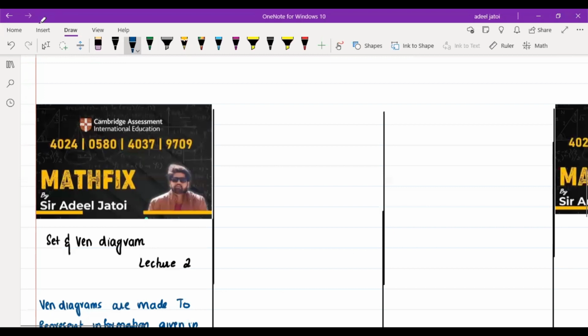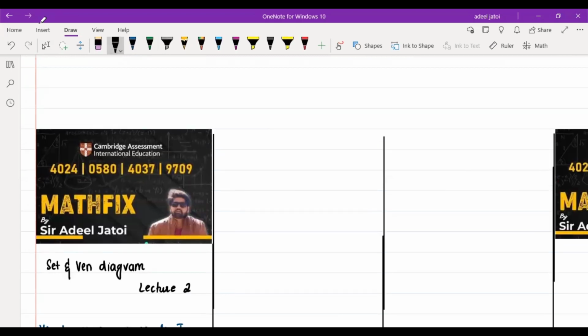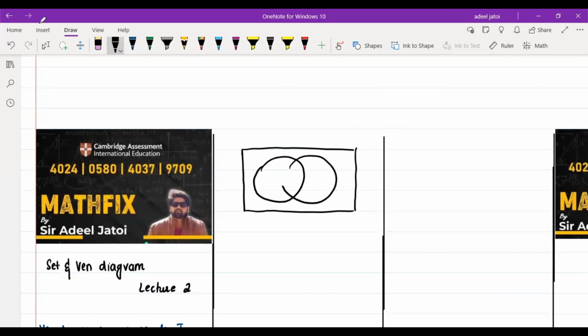But if this case would have been such that there are two circles, and in those two circles you have been given A and B, and you have been told A union B whole complement.